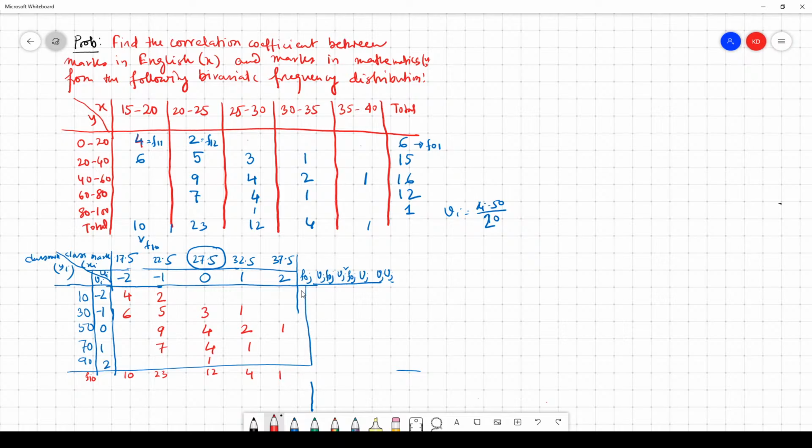And look at this column, this is 6, then this is 15, then this is 16, this is 12, and the last one is 1. Okay, and the total frequency is 50.